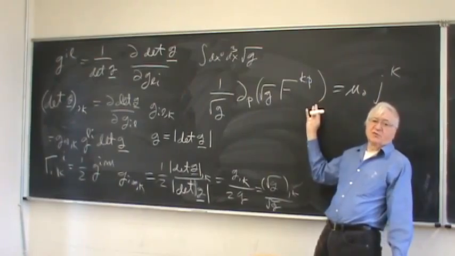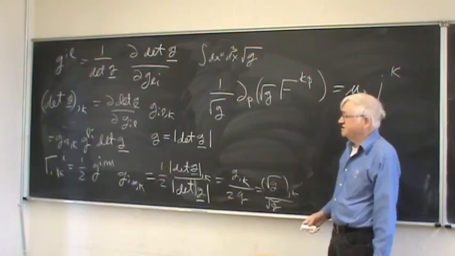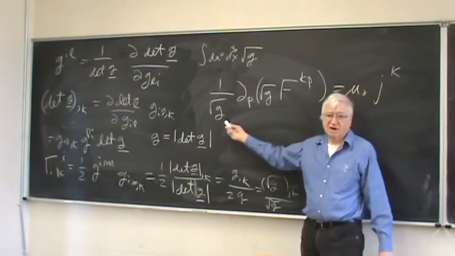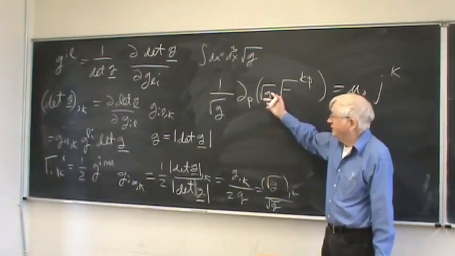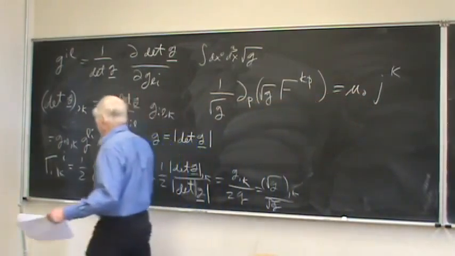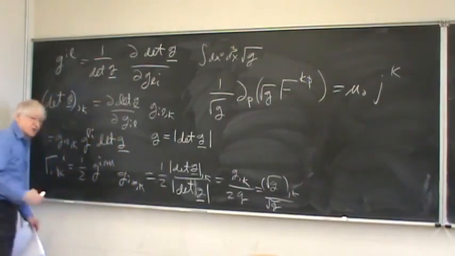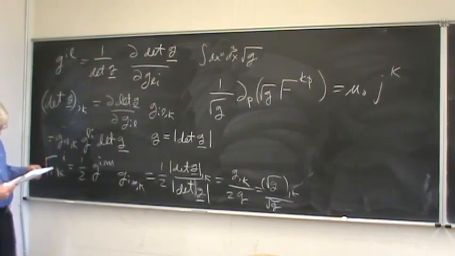This is the generally covariant Maxwell equation. And so you see the difference is really, really super minor. And where it comes from is that there's a contracted connection that occurs in there.